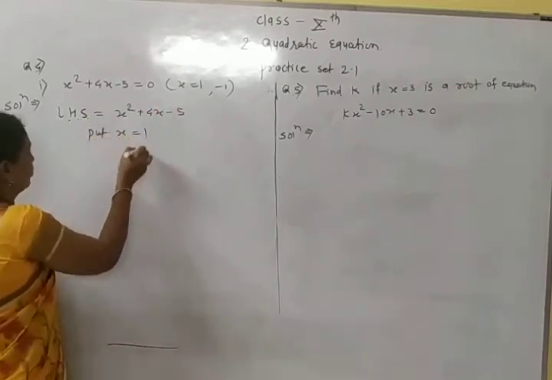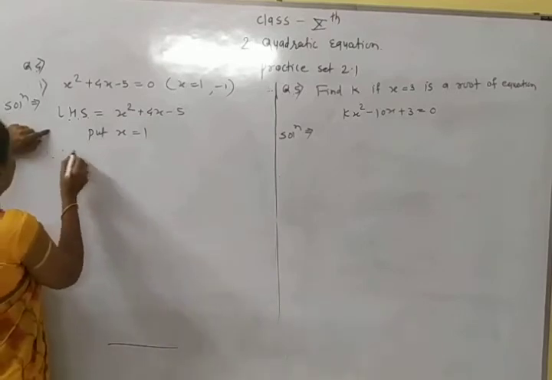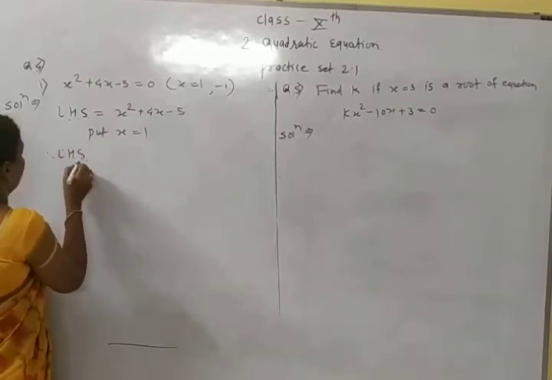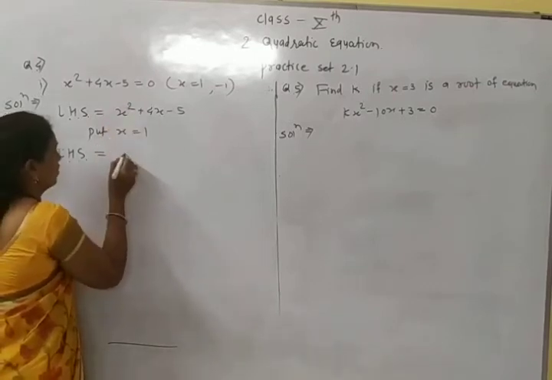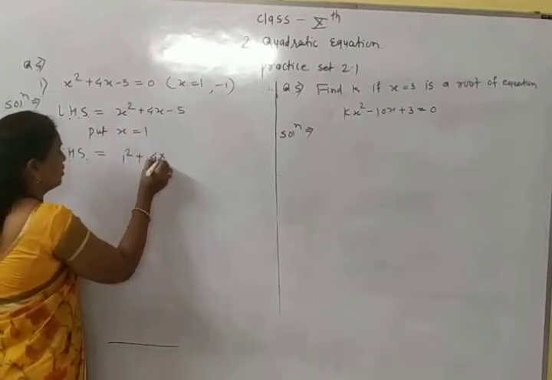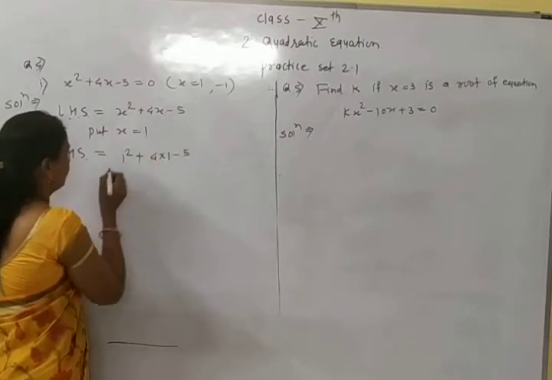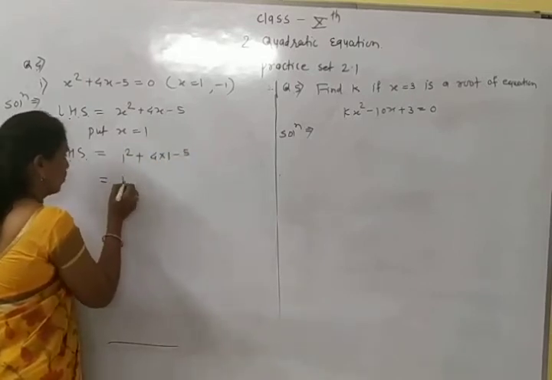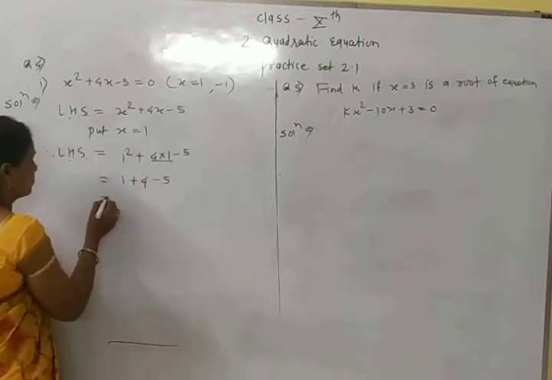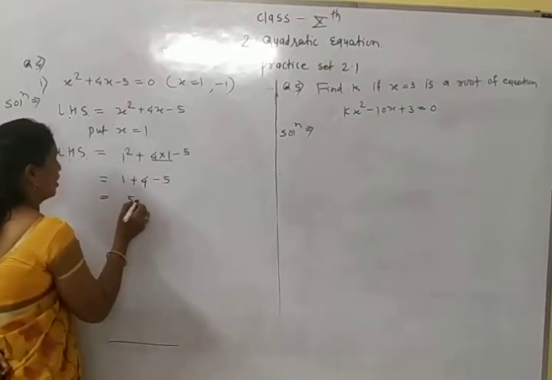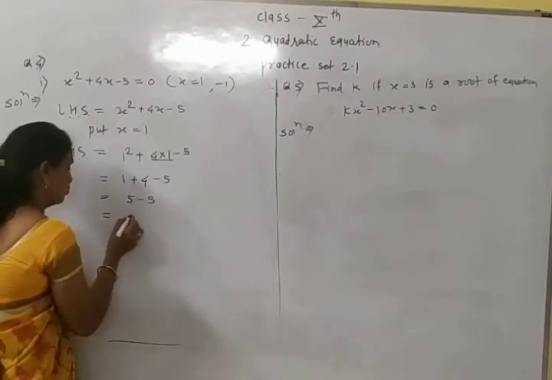Then LHS equal to 1 square plus 4 into 1 minus 5. 1 square means 1 plus 4 into 1, 4 minus 5. 1 plus 4, 5 minus 5 equal to 0.